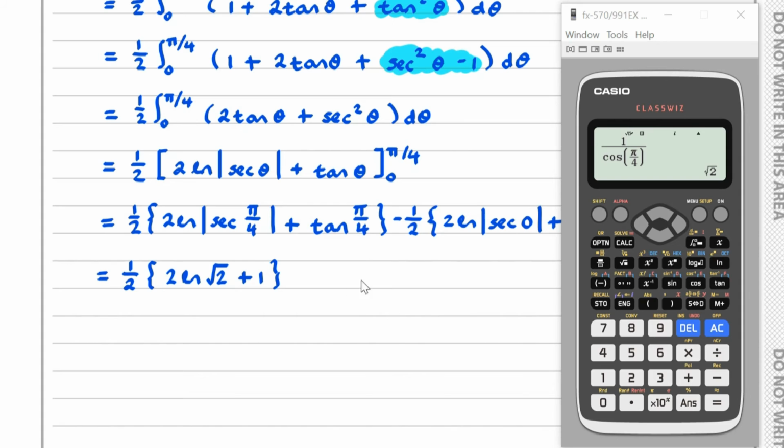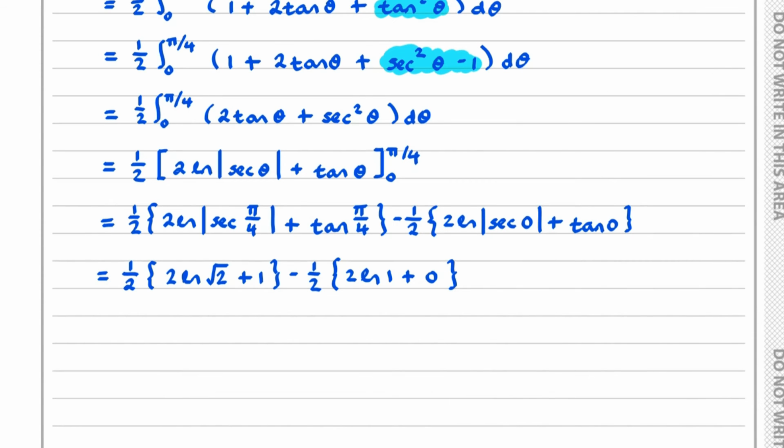Now, I'm going to subtract from this 1/2 times, well here I've got 2 times the natural log of, well sec of 0 is just 1, and the tan of 0 is 0. Now the natural log of 1 is just 0, so this term disappears, which means what we have is 1/2 times 2 times the natural log of root 2 plus 1.